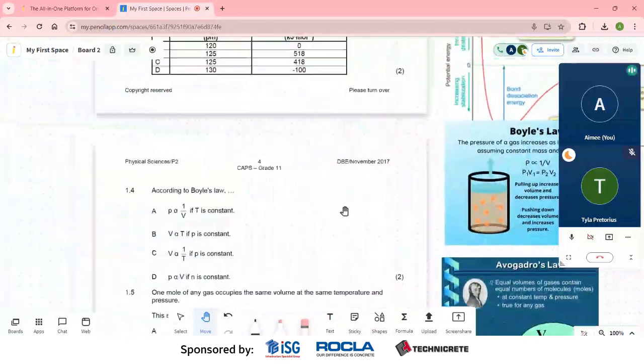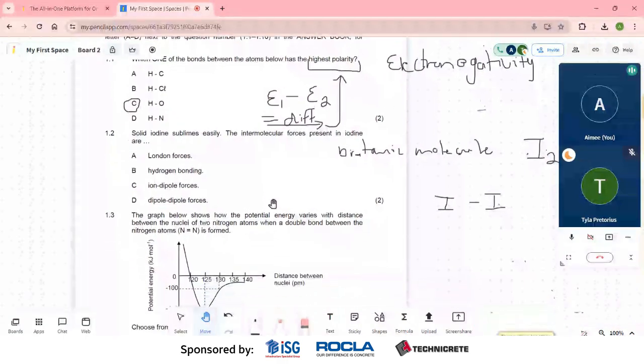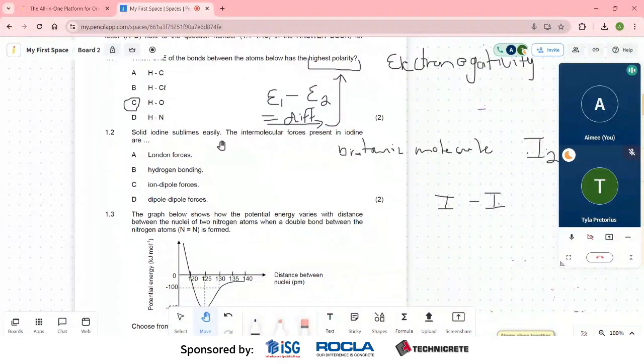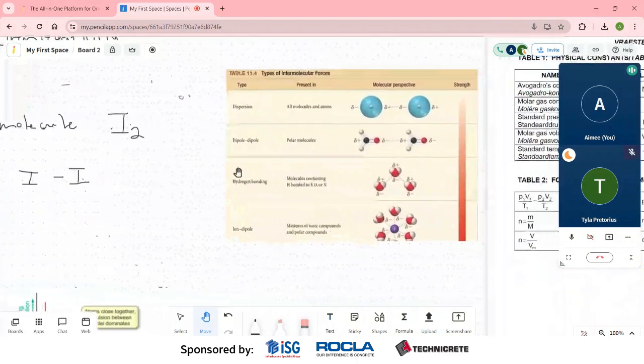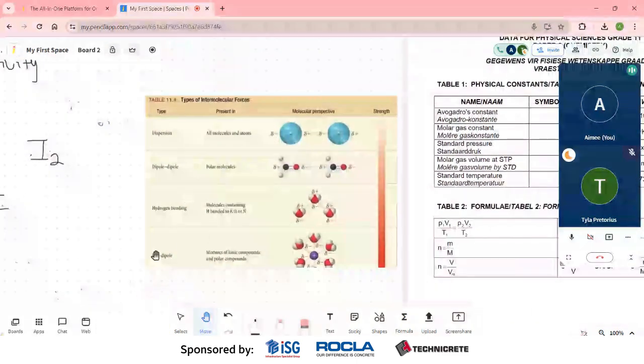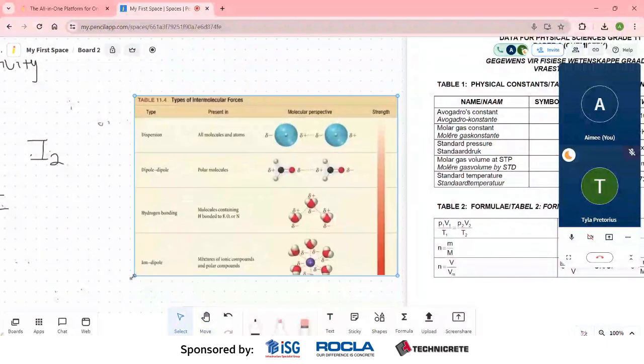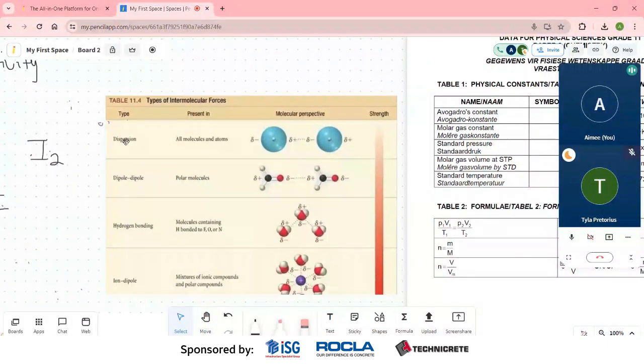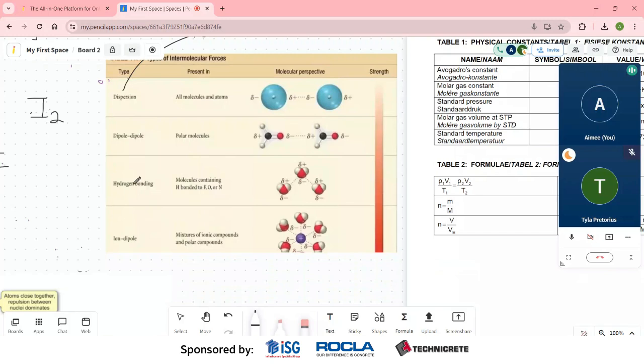Okay, so you know that iodine forms part of the diatomic molecules. And now they say, okay, well, what are the intermolecular forces that are present in iodine? So I've got a little summary of our intermolecular forces here. Dispersion forces are also known as London forces, or London dispersion forces. And these are in all molecules and atoms, okay? Dipole-dipole is between polar molecules.